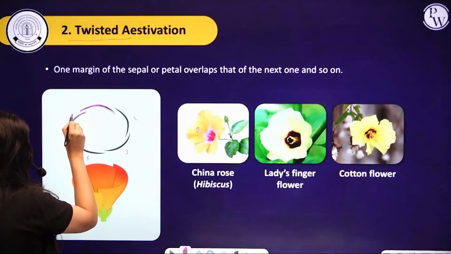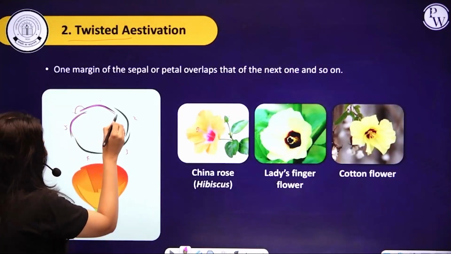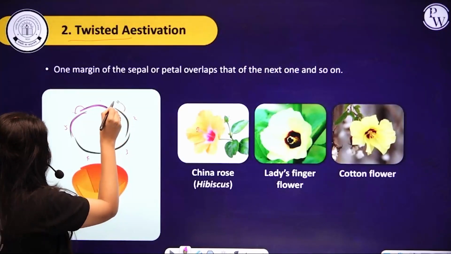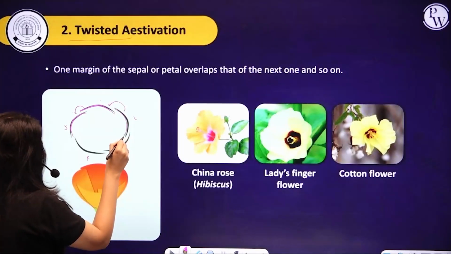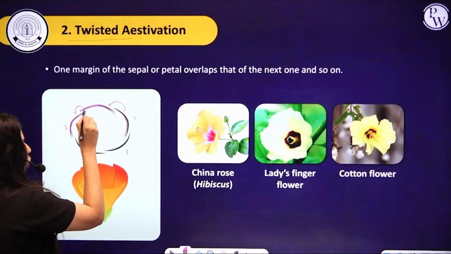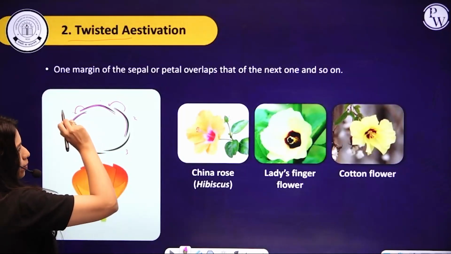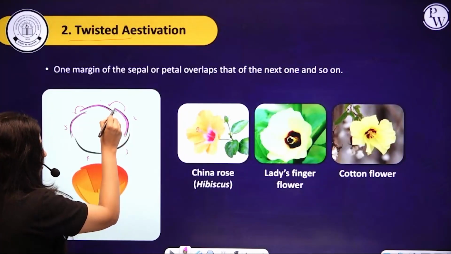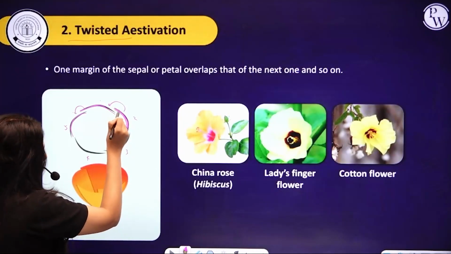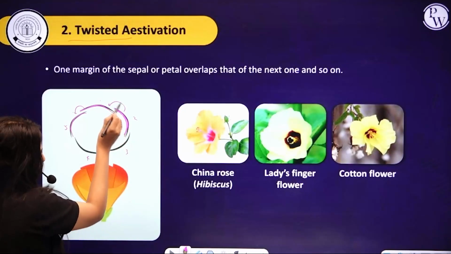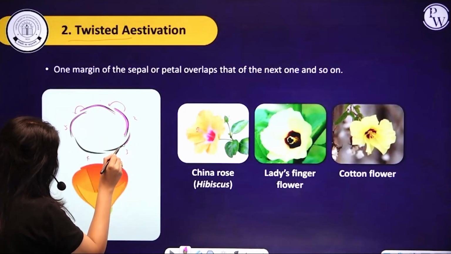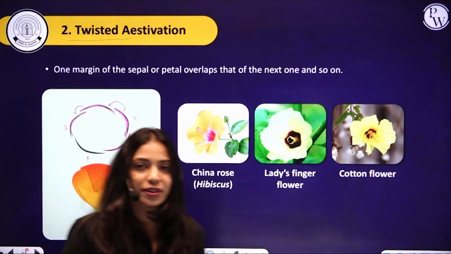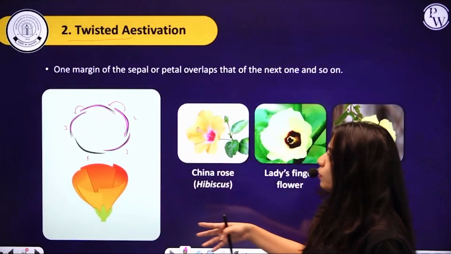This one is overlapping this one here, and the next one is overlapping this one. So it is overlapping the previous one and being overlapped by the next one. If you look at this petal again, this one is overlapping the previous one. It is being overlapped by the next one.